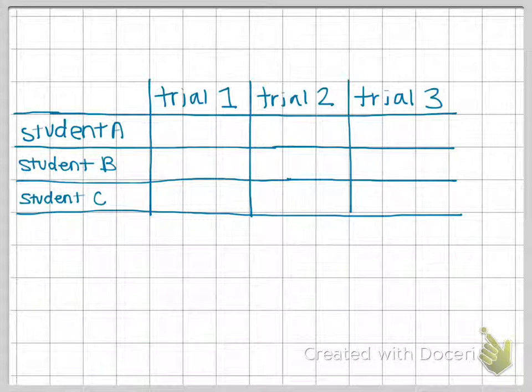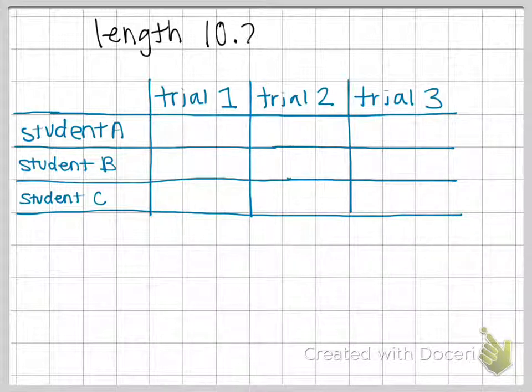Let's say this is an example of measuring the length of something, and I'm going to say that the actual length of it is going to be 10.2 centimeters. All right, and so that is the desired value or the accepted value.